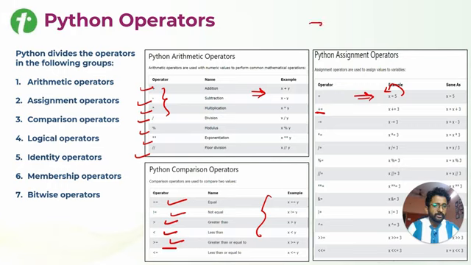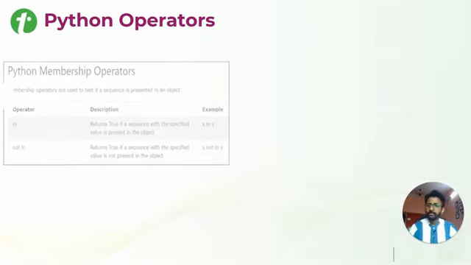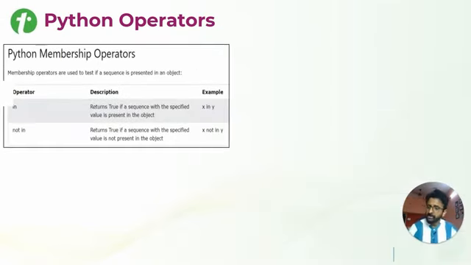Plus equal to means, for example, x plus equal to 3 means x equal to x plus 3. This is the same as this, right? So these are assignment operators. Similarly, minus equal to, star equal to. This is just kind of a shortcut to do these kinds of operations. So there are different assignment operators.